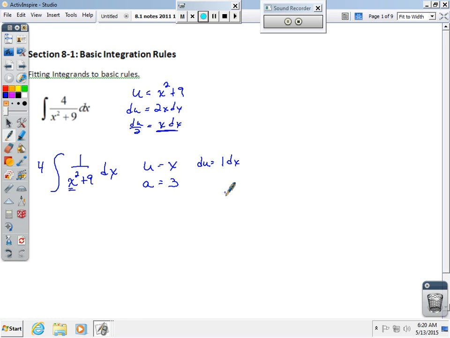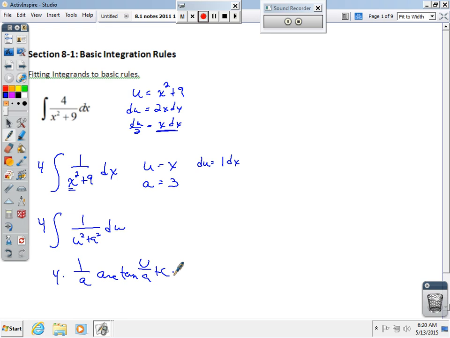So I can rewrite this as 4 times the integral of 1 over u squared plus a squared, du. And you have to recognize that that's arctangent. The rule for arctangent is, we have that 4 that's out in front, and the rule is 1 over a arctangent of u over a plus c. That's the actual rule. Now just plug in the numbers.